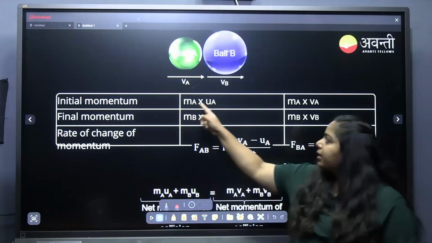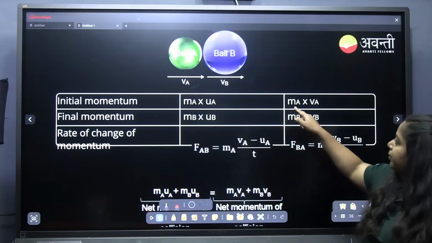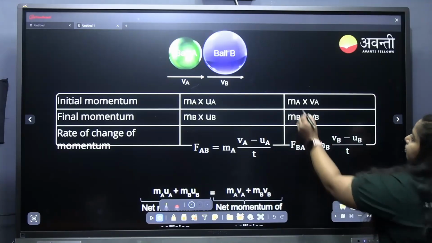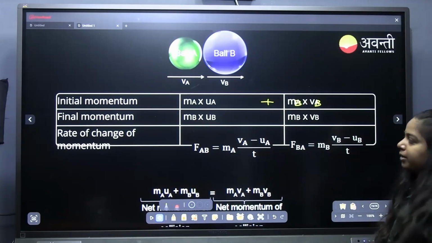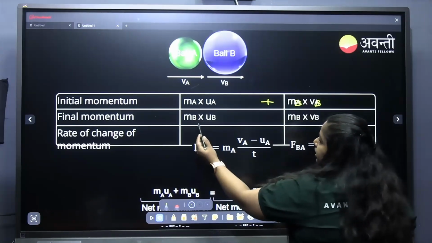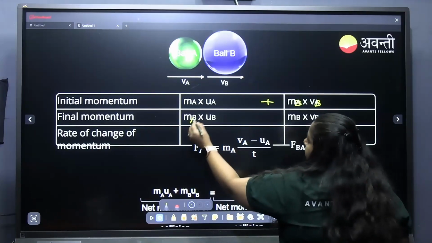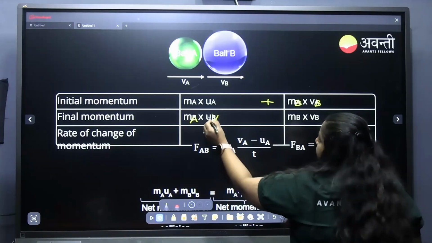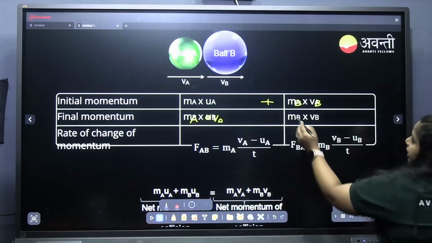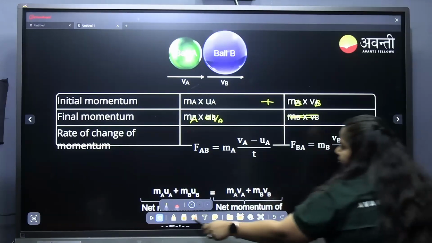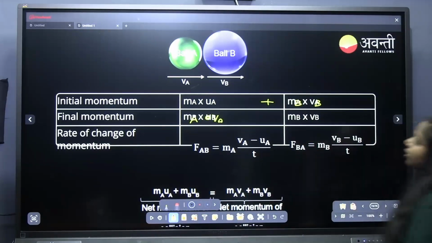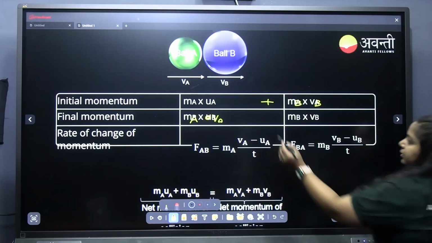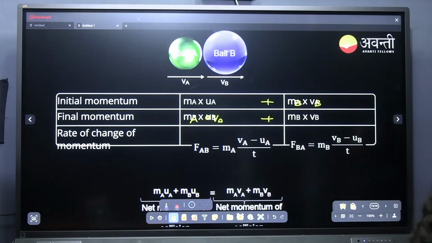Okay, initial momentum is MA UA plus MB UB. Final momentum is MA VA plus MB VB.